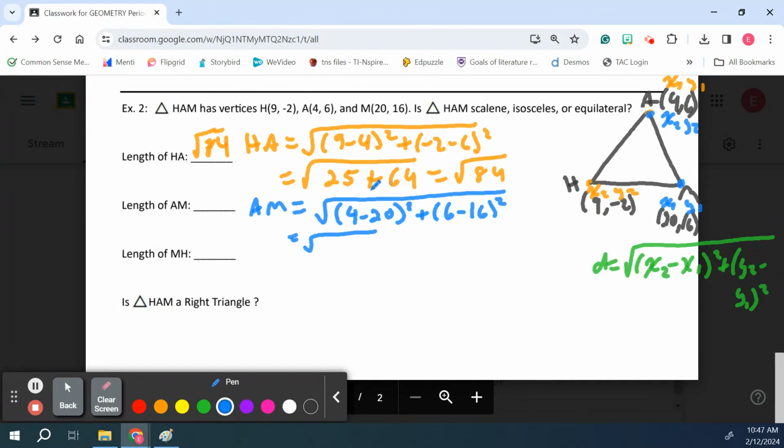Now 4 minus 20 is negative 16. I square that, that leaves me with 256. And I'm going to add to this 6 minus 16, which is negative 10, so this will be 100. So this leaves me with the square root of 356. So we have 356 for that one.